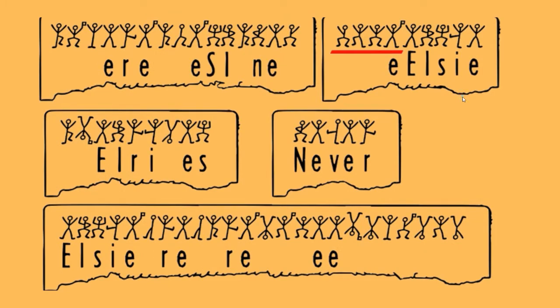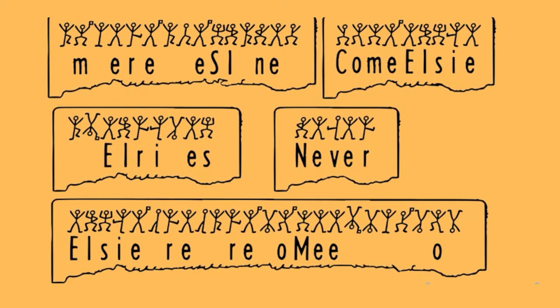So we get the letters L and I. In this part, there is a single 4-letter word before Elsie, ending in the letter E. Holmes is also guessing that it would be a message telling Elsie what to do. So we have come. Come is the nearest word.